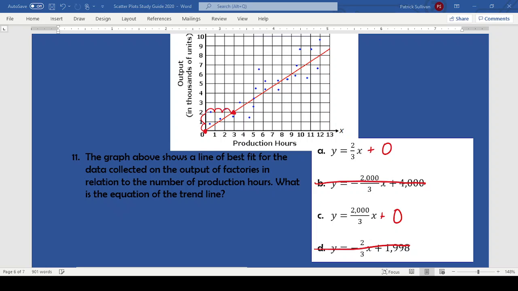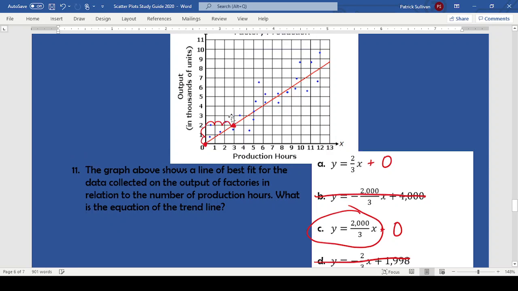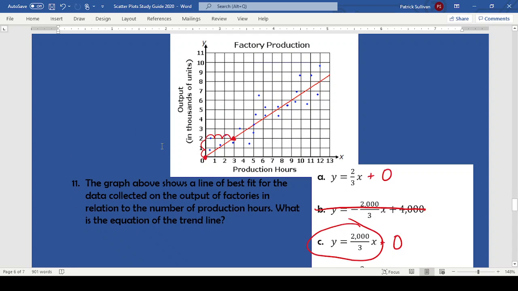So again, we're not saying every 3 years we're only producing 2 units, we're saying every 3 years we're producing 2,000 units. Okay, and what might help, at least for the way my brain works, you could even rewrite this. This isn't 1, this is 1,000. This isn't 2, this is 2,000. This isn't 3, this is 3,000, and so on and so forth.